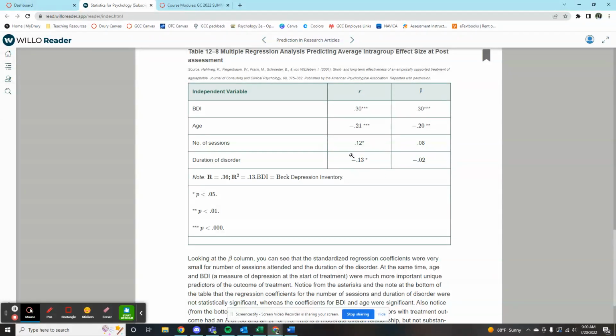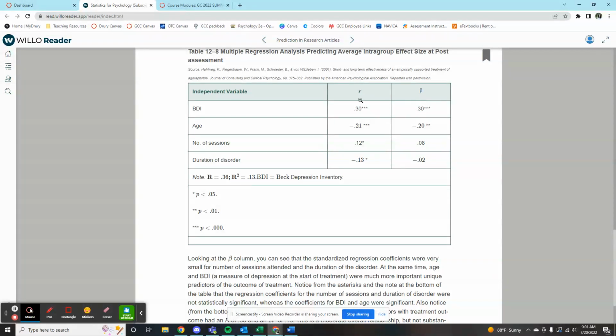And as the duration of disorder goes up, efficacy goes down. That's the correlation component of this. And you can see the statistical significance starred in a pretty standard format. One asterisk represents significance at the 0.05 level, 2 represents the 0.01 level, and 3 represents the 0.001 level.